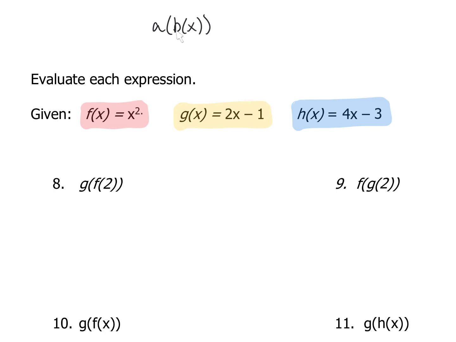So b of x is going to be that output that I'm putting in for function a of x. What we're really showing here, and this is kind of a new notation, is we're taking function a and we're inserting function b into its spot. And we're keeping everything in terms of x.